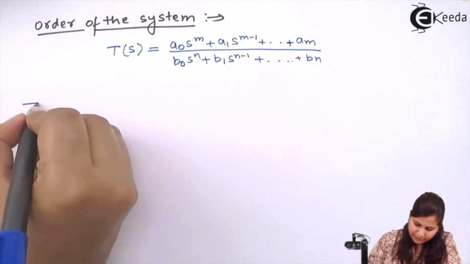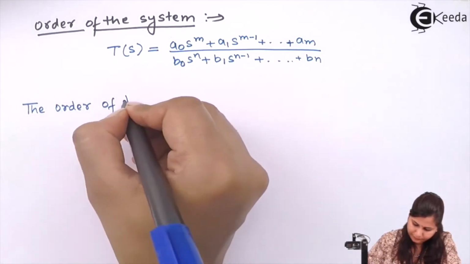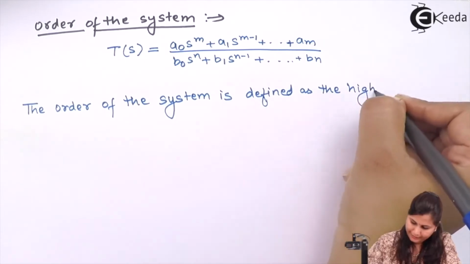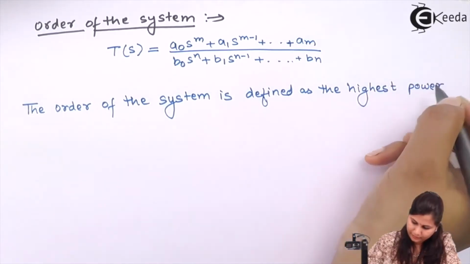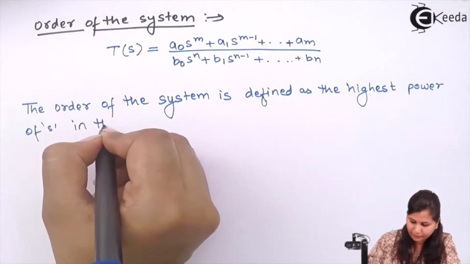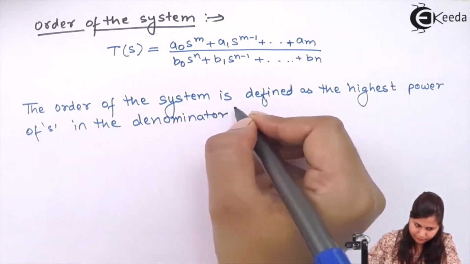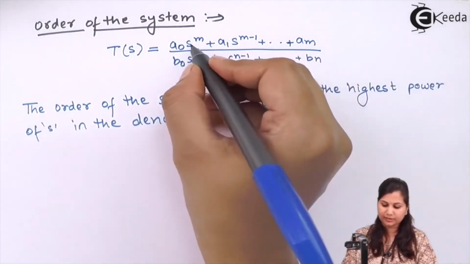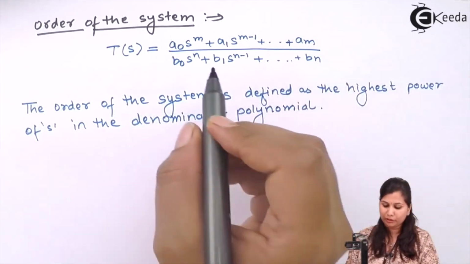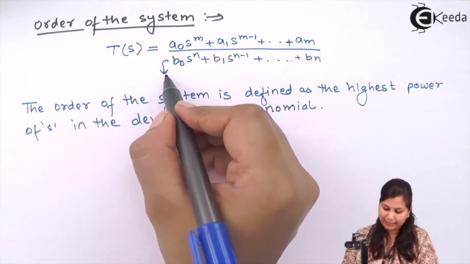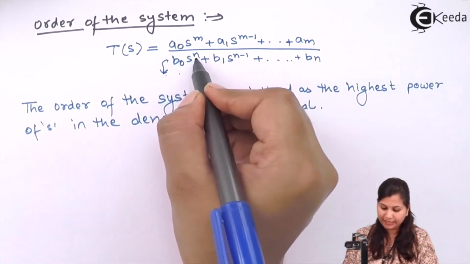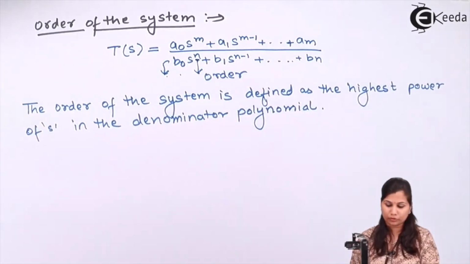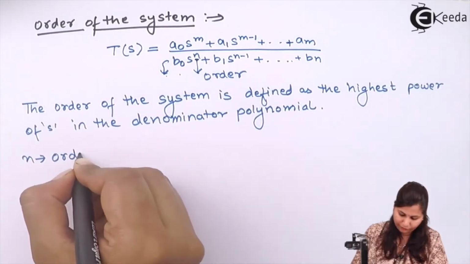Here, the order of the system is defined as the highest power of s in the denominator polynomial. This is the numerator polynomial and this is the denominator polynomial. You have to consider the denominator polynomial and its highest power of s. Here the highest power is n, so n is the order of the system.